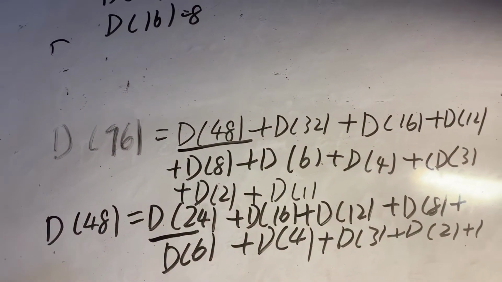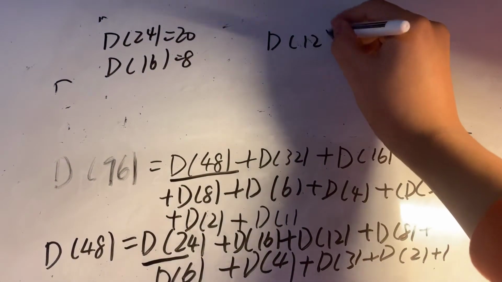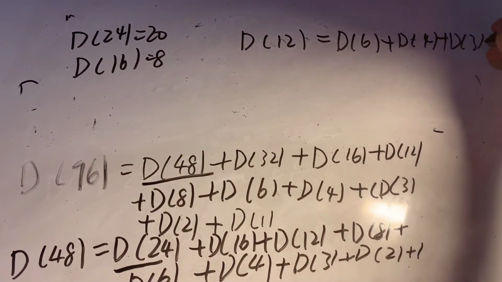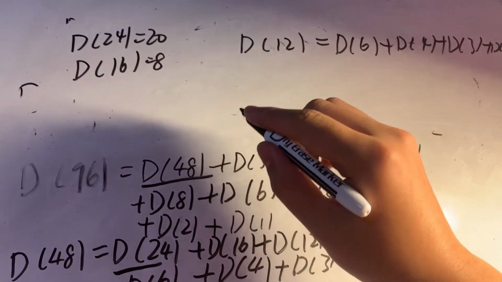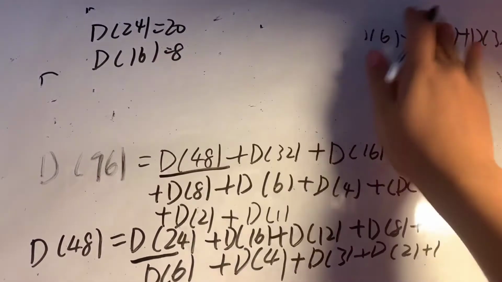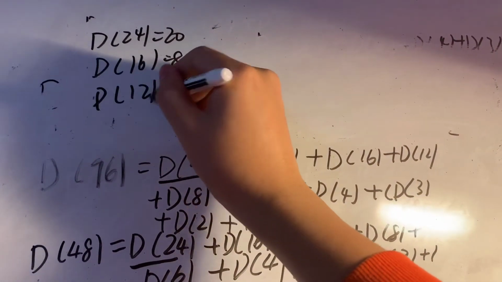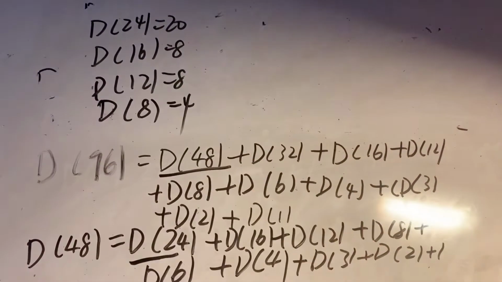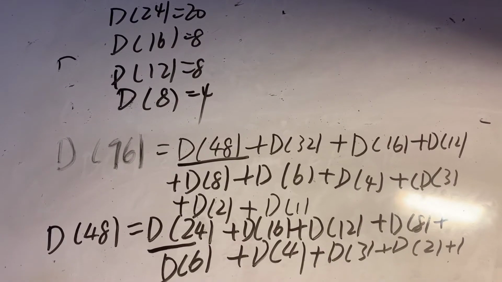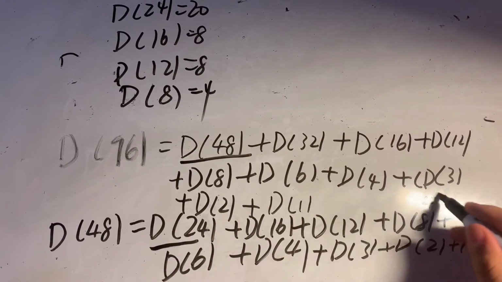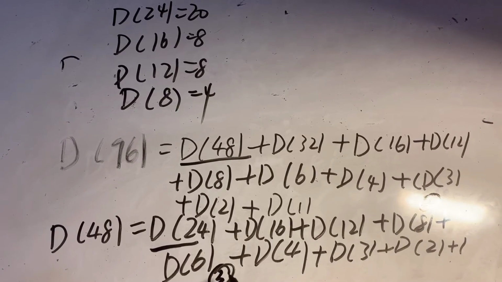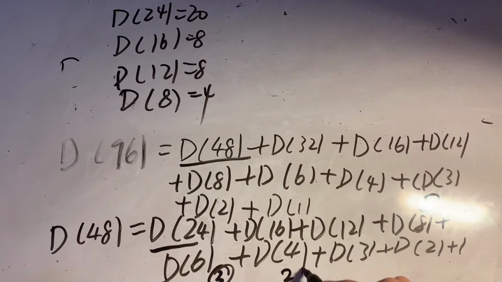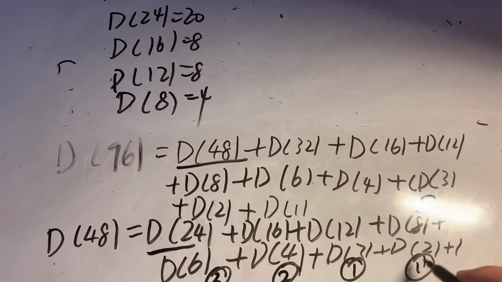So we just mark them. d12 is equal to d6 plus d4 plus d3 plus d2 plus 1, which is also 8. d8, as we said, is equal to 4. d6 is equal to 3. d4 is equal to 2, d3 is equal to 1, d2 is equal to 1.